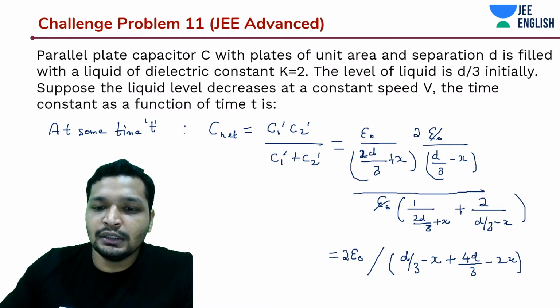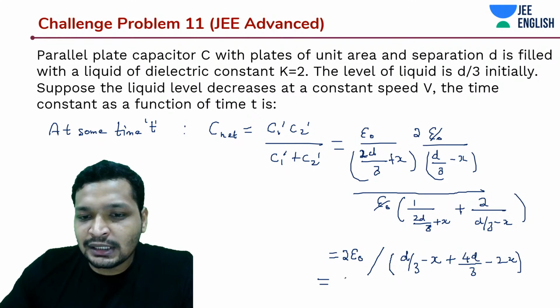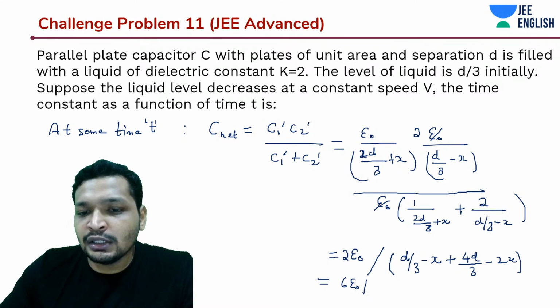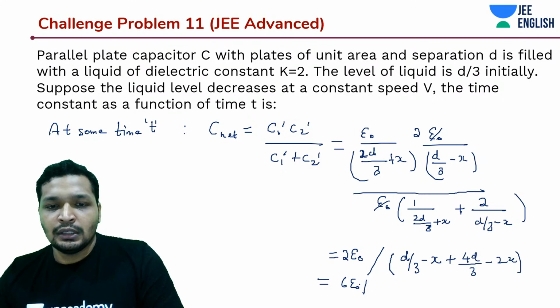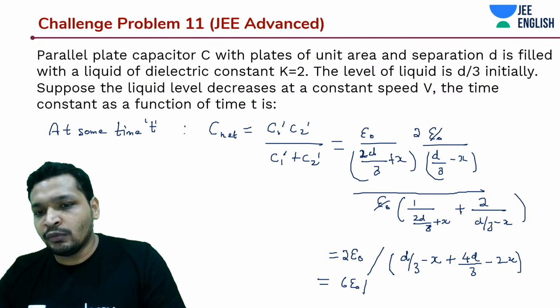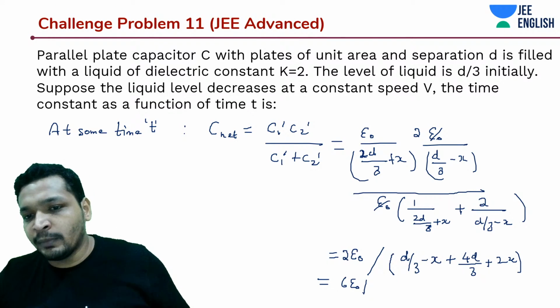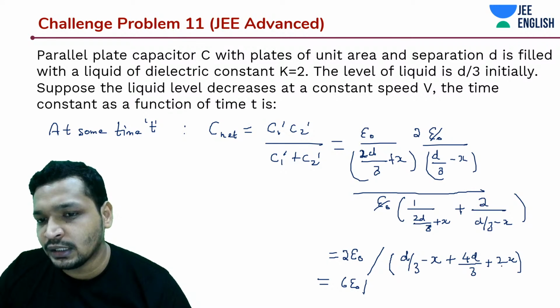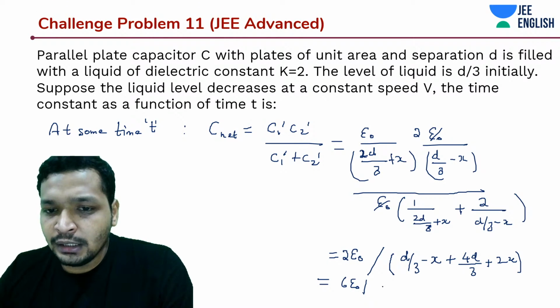Yes, that is what it is. So you would get something like 6 epsilon naught. You can solve this, I don't think we have further space. This would be minus x, and this would be plus x. So this would be just 1x, and you would get 5d by 3.